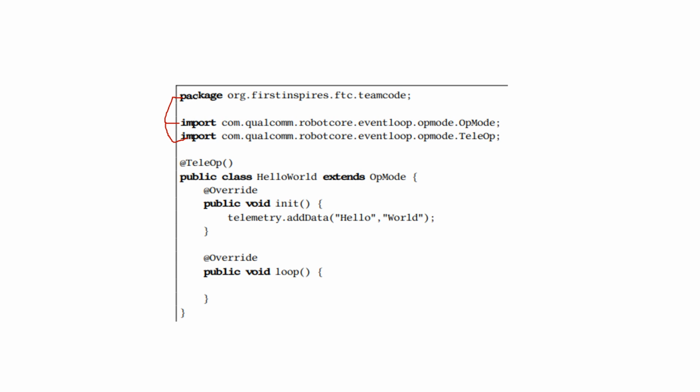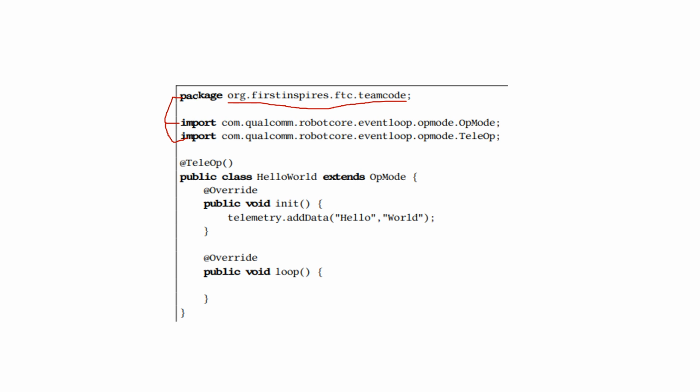The first line just tells you where your file is located. So org.firstinspires.ftc.teamcode is where this whole file is located. The second and third lines are telling your code to bring in code from the FTC SDK, Software Development Kit, so that we can use them.